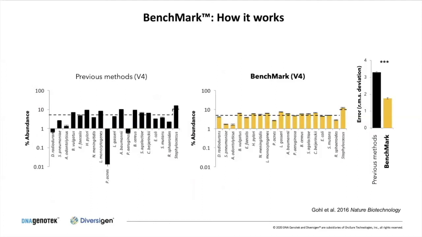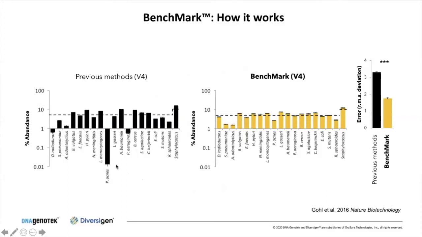And this is data from 20 different organisms. The expected values are shown as a dashed line here. What you can see is that these optimizations really help to generate a much more accurate microbiome profile. One thing I'll highlight is that, as with the previous data from the Grice lab, we also saw a near complete dropout of P. acnes.